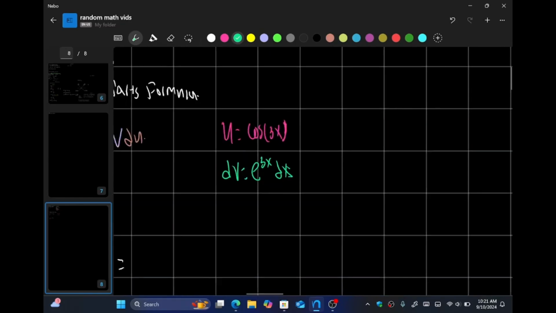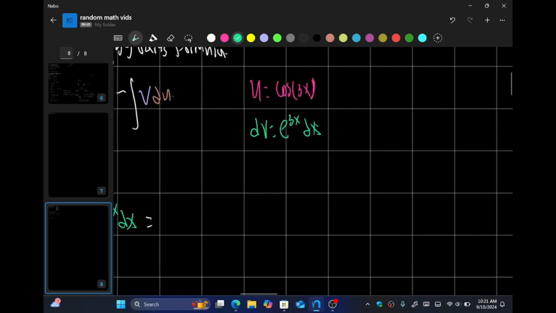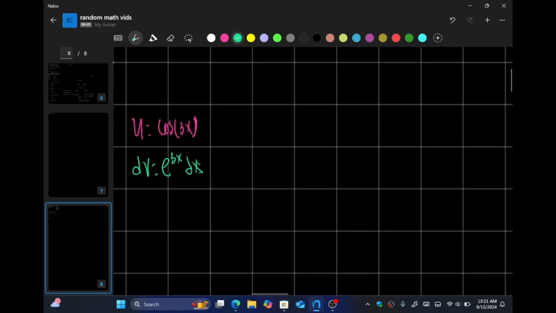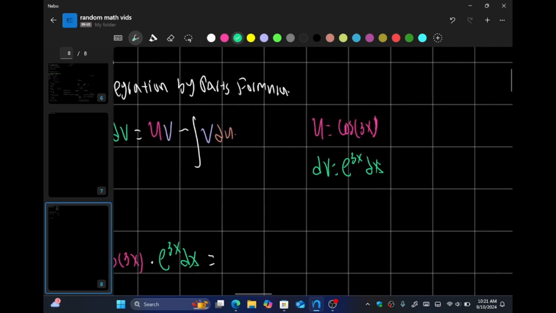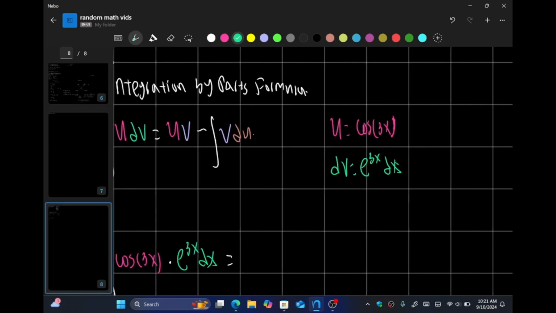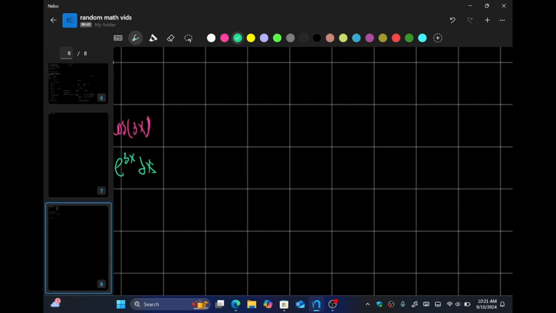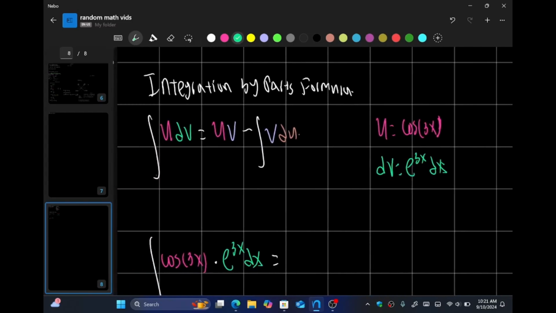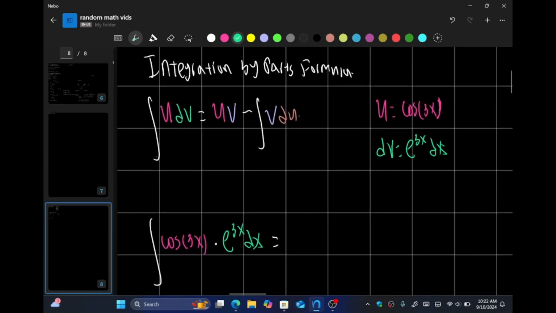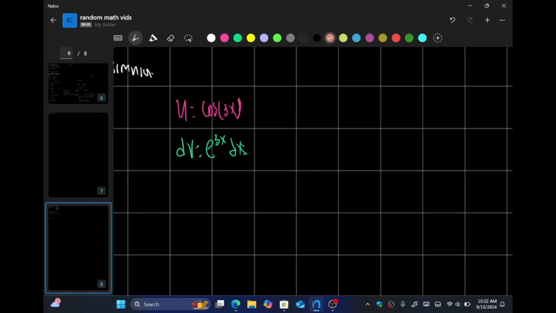Now, as always, guys, you want to list out your du and your v. There is a shortcut to know what v is, and I will go over that in just a second. So du in this case, and you must be good at u substitution for this, I don't really want to go over the u substitution for how to find du, so I'm going to just state what it is.